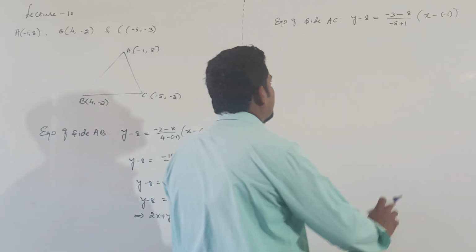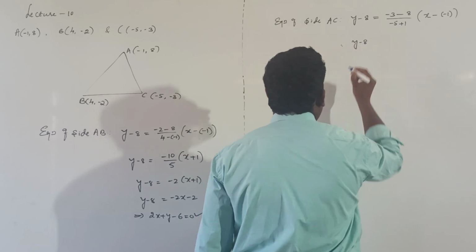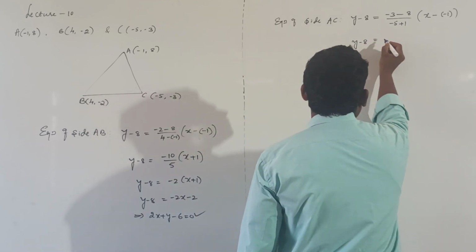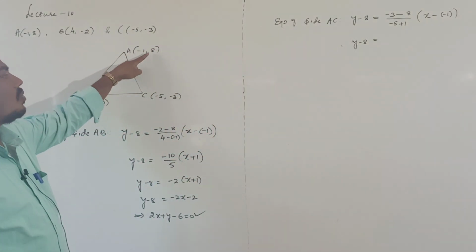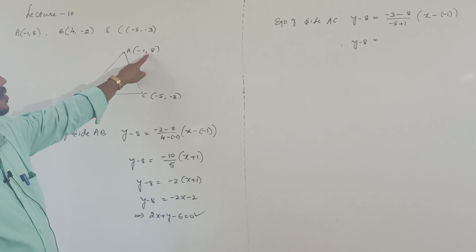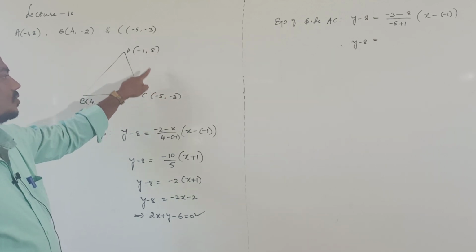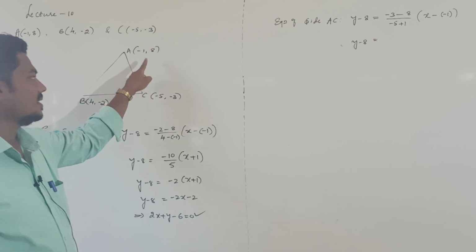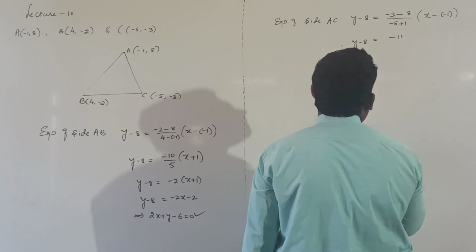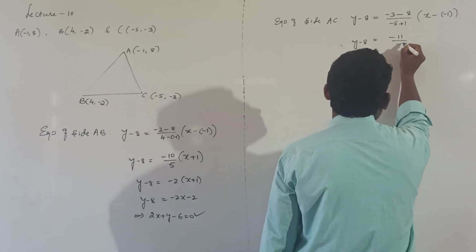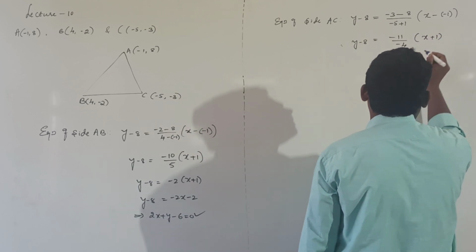Now just simplification: y minus 8 is equal to y2 minus y1 divided by x2 minus x1 into x minus x1, right? It will be minus 11 divided by minus 4 into x plus 1, right?